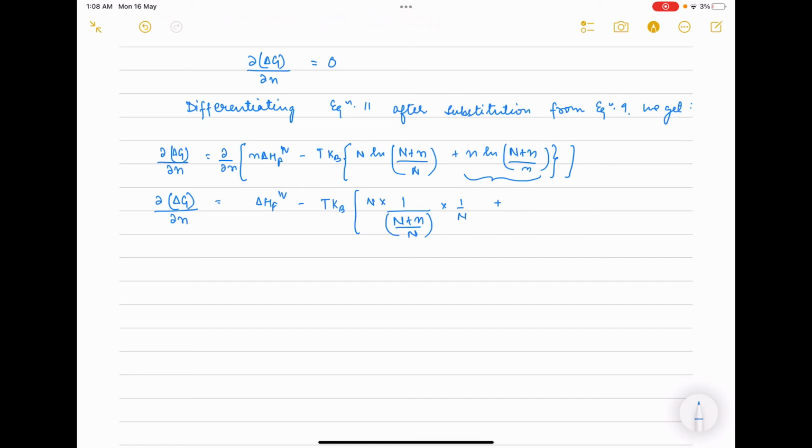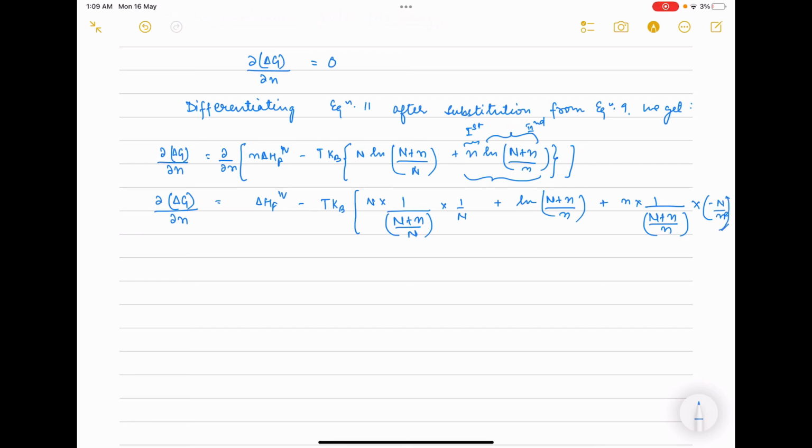First we differentiate, suppose this is the first function and this is the second one. The differential of n is 1 and the second remains constant, so it will be ln (N plus n) by n plus n. For ln, the differential will be 1 by (N plus n) minus n by n square.